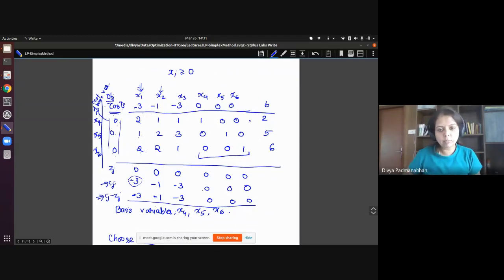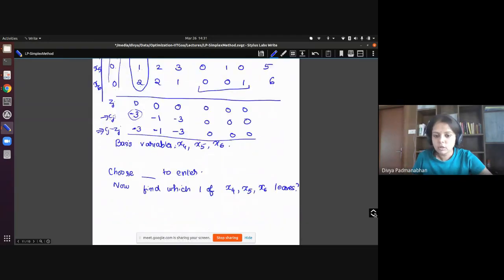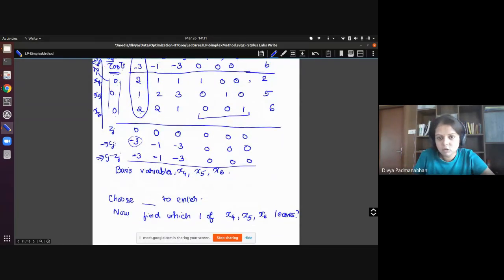So let's choose the most negative value. You could choose either x1 or x3. You can break ties arbitrarily. So this is the one which is going to enter the basis. So we fix that x1 is going to enter.